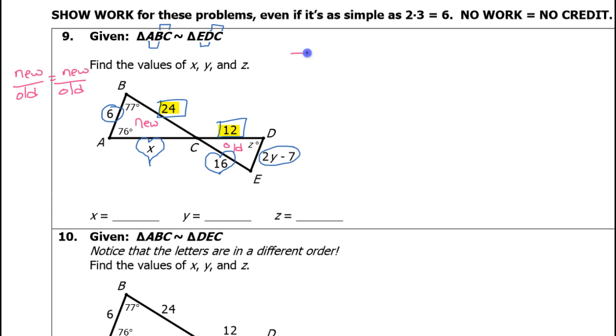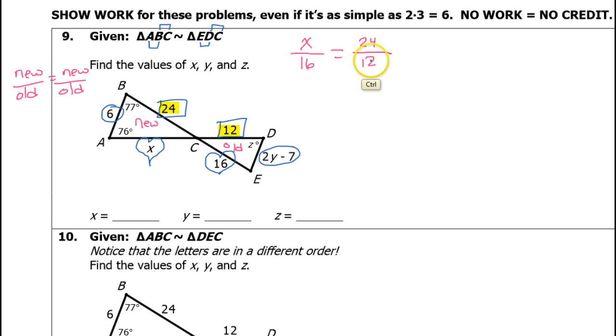So I'm going to set up my first proportion. New over old, that will be 24 over 12. Then if I want to find X, I need to match up the corresponding sides involving X. And I see that as X and 16. Remember, we're going to do new over old, so that'll be X over 16.